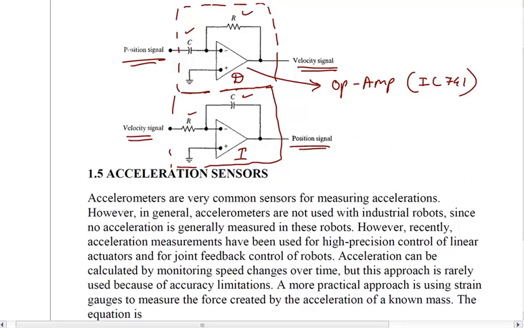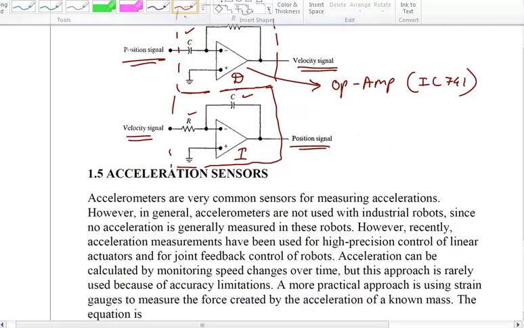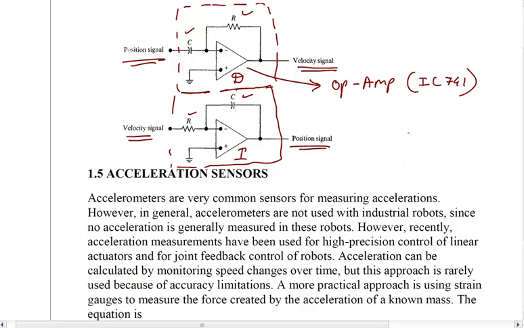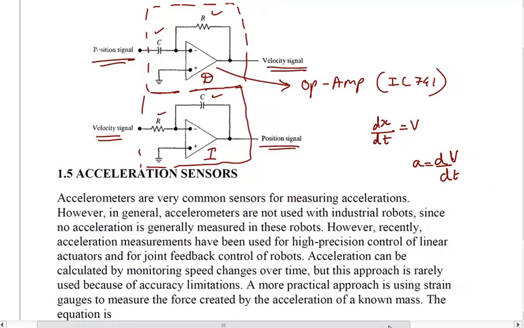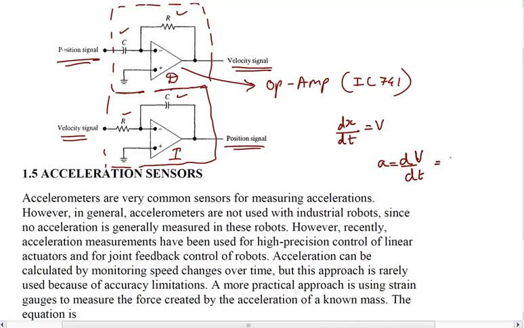Now, acceleration sensor, as the name suggests, again we might be thinking that if we have the position signal x, and if we differentiate it with respect to time, we get the velocity, and we all know that the acceleration is the differentiation of velocity, dv by dt, correct? That means, in another way, I can also say that acceleration will be given by the double differentiation of the position signal.